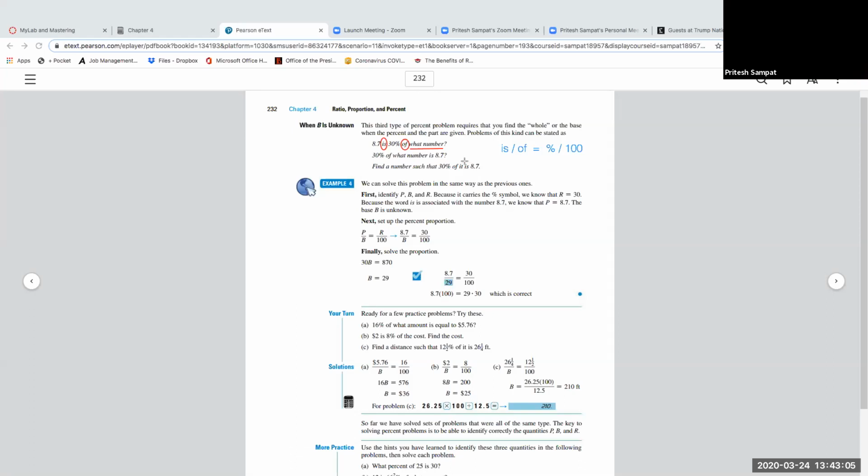So in this case, 8.7, that's what you're focused on is 8.7. It's the is that you're worried about. And the percentage is obvious. We know that this percent is going to be equal to R for your rate. So let's break this down and we'll work on this problem on the whiteboard.